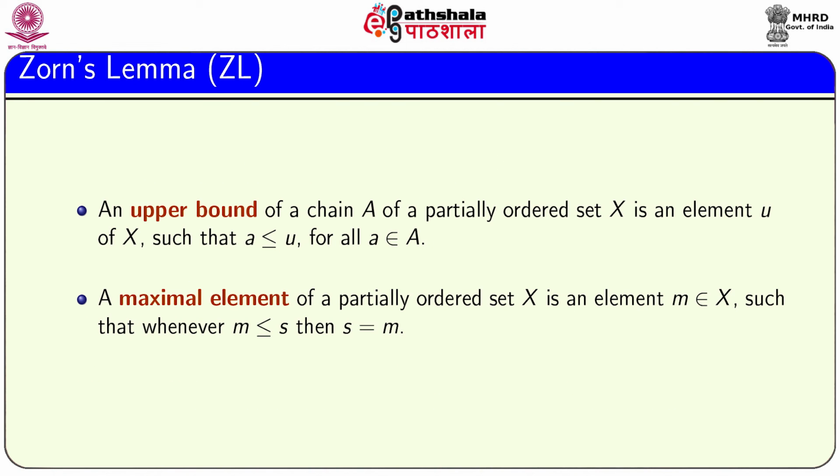An upper bound of a chain, or a totally ordered set A of a partially ordered set X, is an element u of X such that a is less than or equal to u for all a belonging to A. By a maximal element, we mean an element m belonging to a partially ordered set X such that whenever m is less than or equal to s, then s should be equal to m.